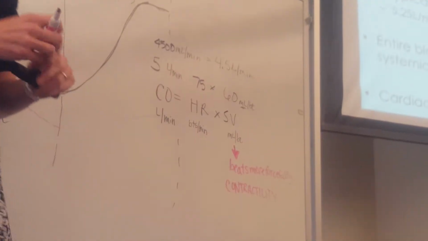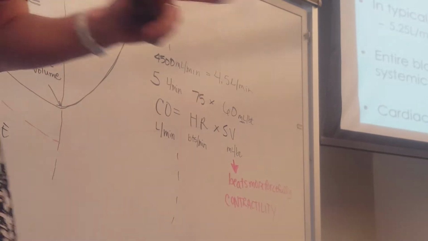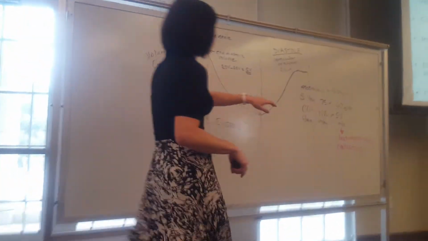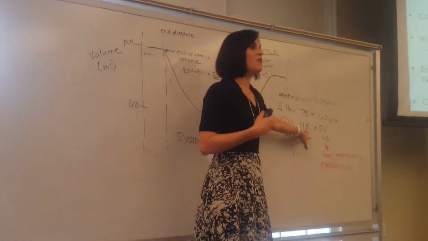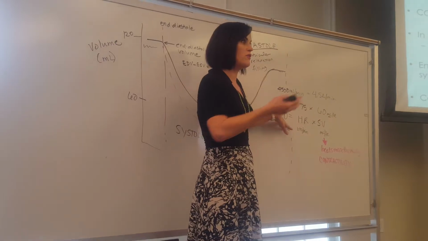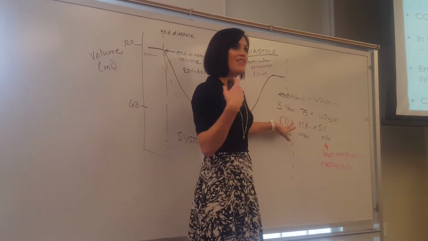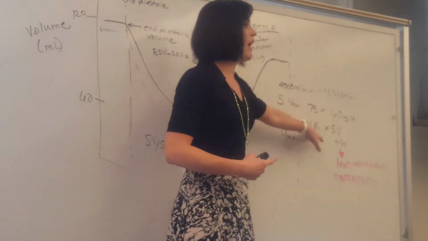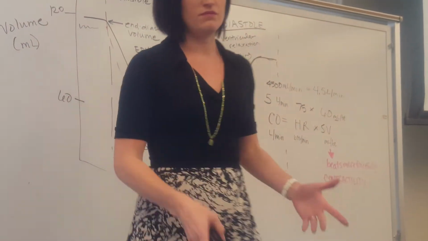Okay. So let's take a step back here. We're going to talk about the 3 different things that control stroke volume. Really, we're talking about how we're going to get cardiac output to go up or down based on the needs of our body, right? Whatever the demands of our tissues are. How do we get heart rate to go up?